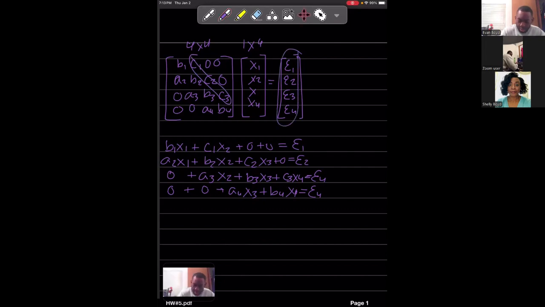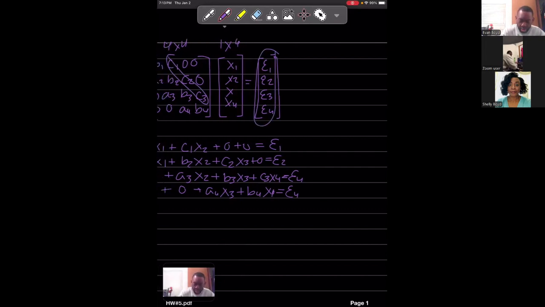So we scroll over. I'll change to orange. If we reset this up, because in this case we're trying to find our epsilon, but in the alternate case we're trying to find our x's, what will we do?